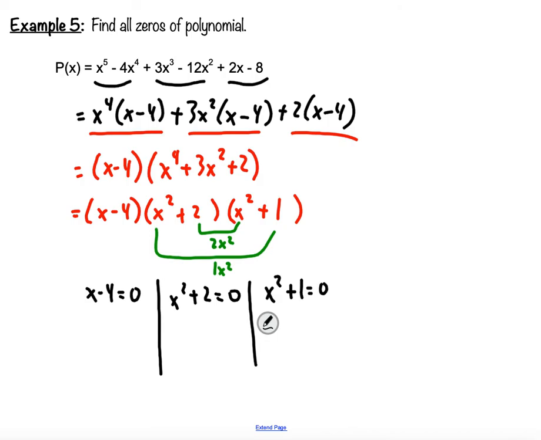So my first one there, I can add 4. Second one there, subtract 2, and the third one there, subtract 1. So now I have to take the square root of those second 2 there.